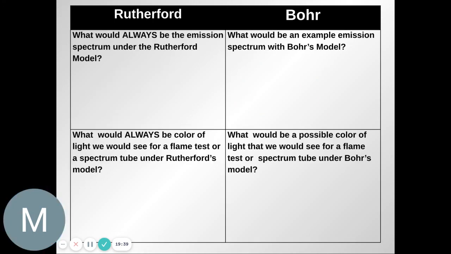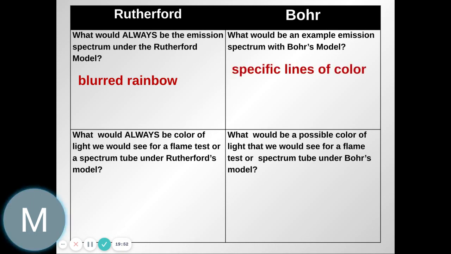Okay, so let's fill that part in. What would the emission spectrum be under Rutherford? We would have seen a blurred rainbow. What would be an example emission spectrum with Bohr? We would see specific lines of color, specific lines of light.